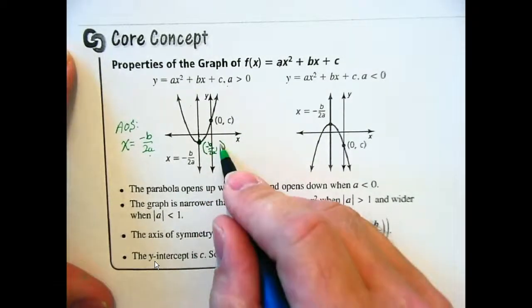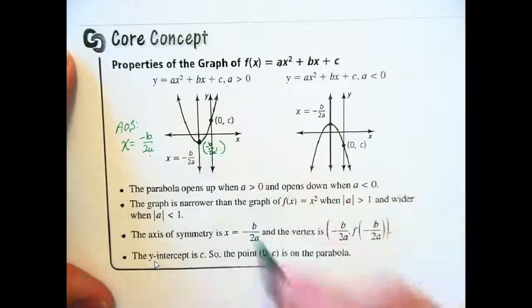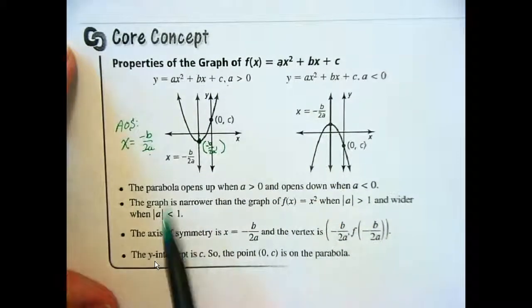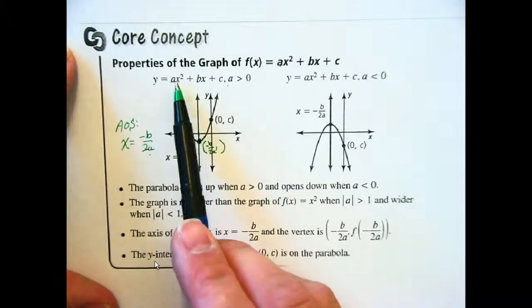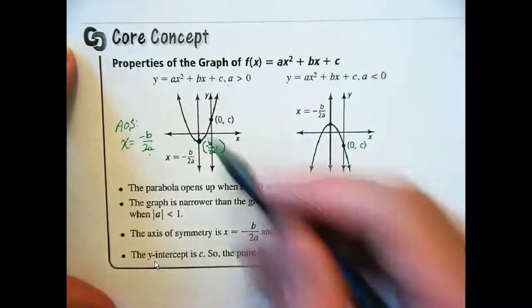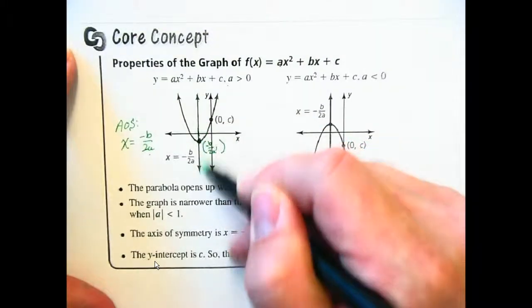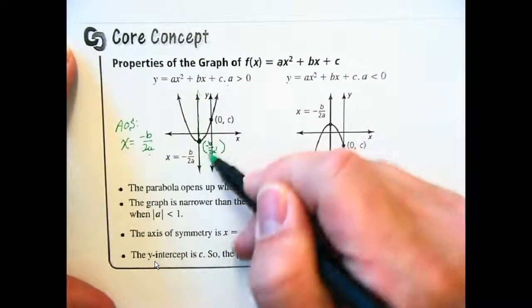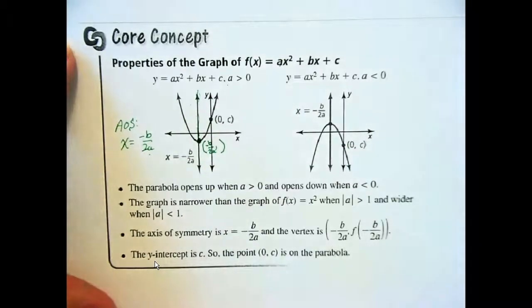The y value you have to calculate by throwing it back into your equation. So once I know x, I can plug it in and find y. The opposite of b over 2a also gives you the axis of symmetry, which is the same as your x value.